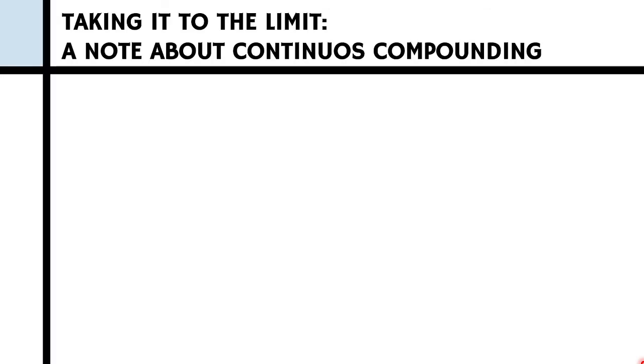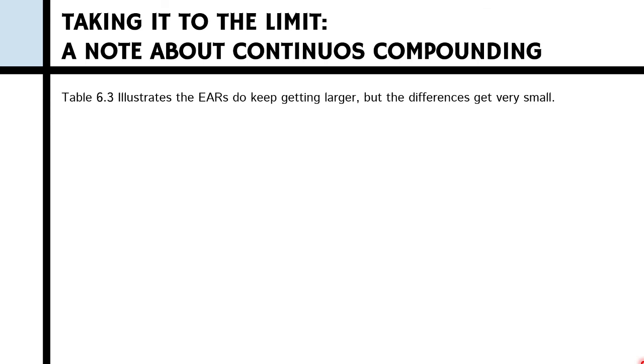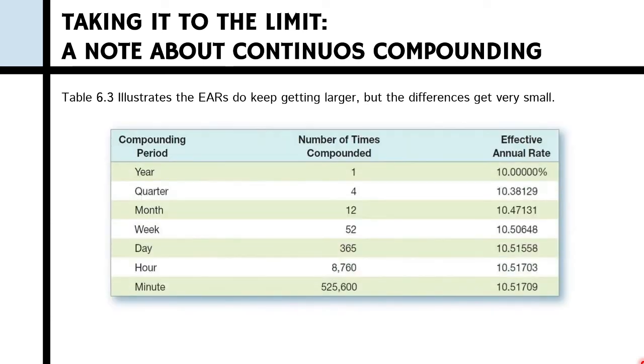Taking it to the limit, a note about continuous compounding. Table 6.3 illustrates that the EARs do keep getting larger, but the difference gets very small. As the numbers in Table 6.3 seem to suggest, there is an upper limit to the EAR.